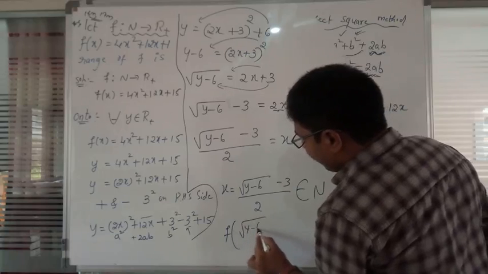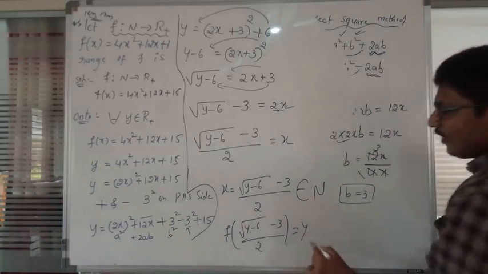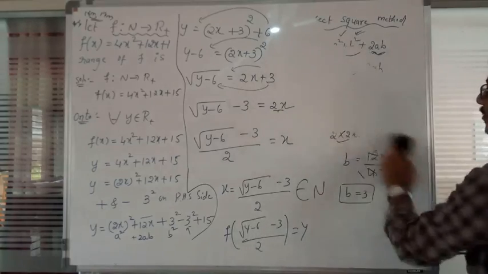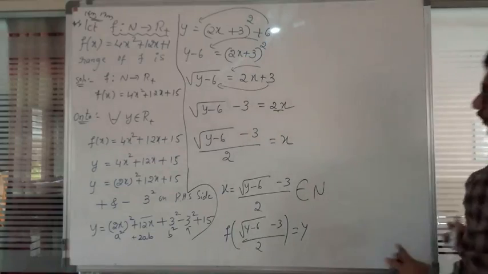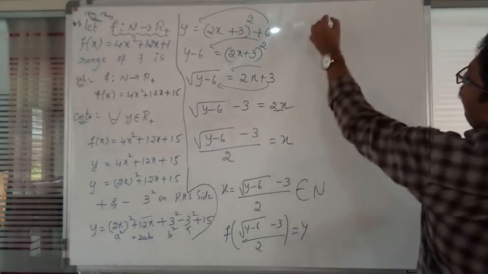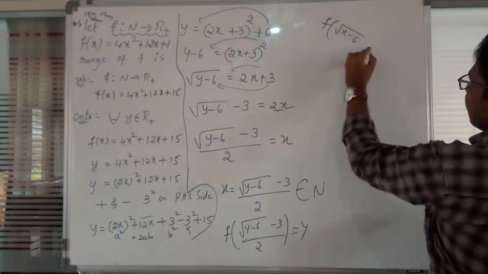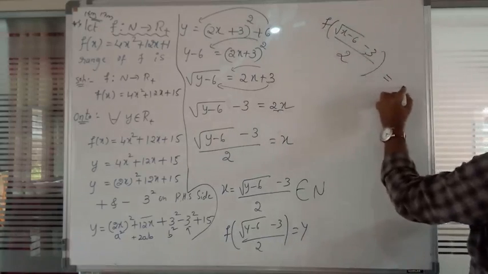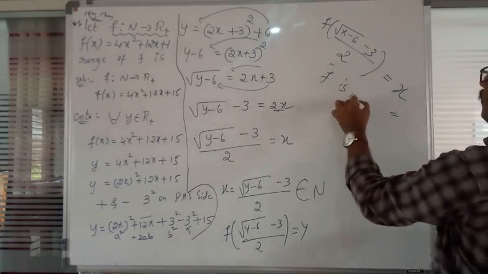Root of y minus 6 minus 3 divided by 2 is equal to y. If we fill in x, then f of root of x minus 6 minus 3 divided by 2 is equal to x. That is the answer. f is onto.